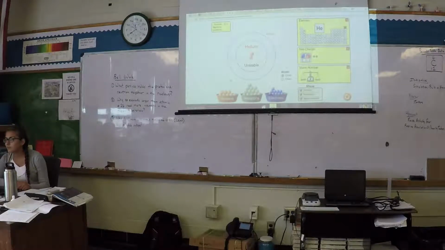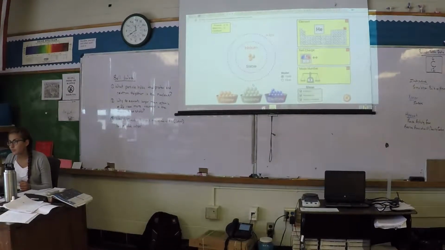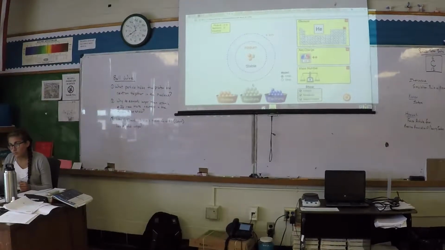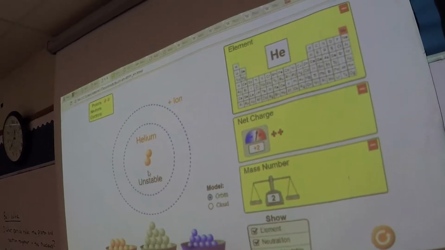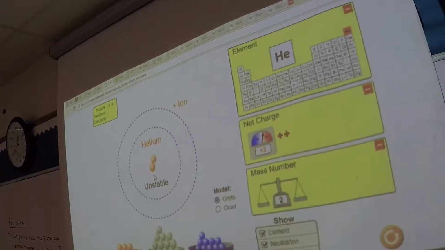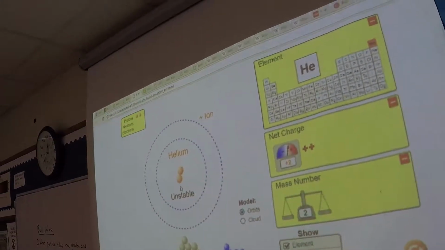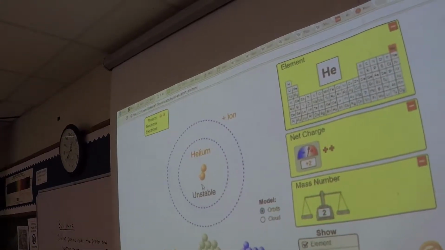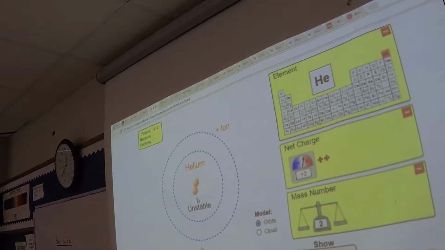All right, add a neutron there. I know, but you can see there, just adding 1 neutron stabilized helium, based on what we just learned about the proton-neutron relationship with the pion. Why would helium be unstable without neutrons?